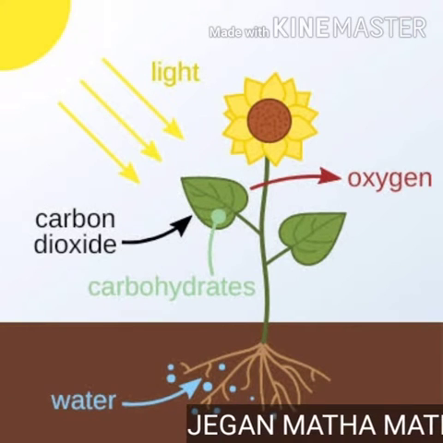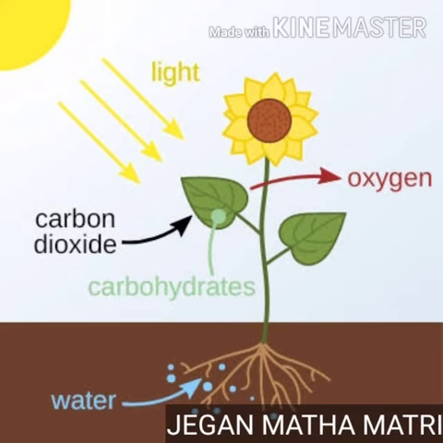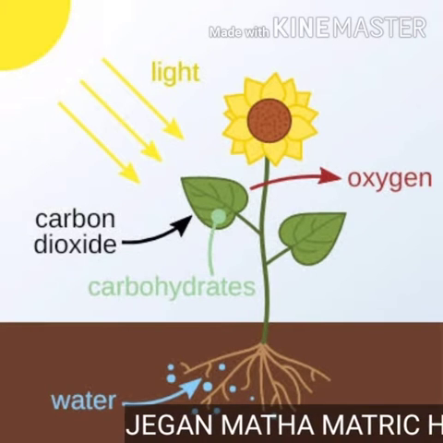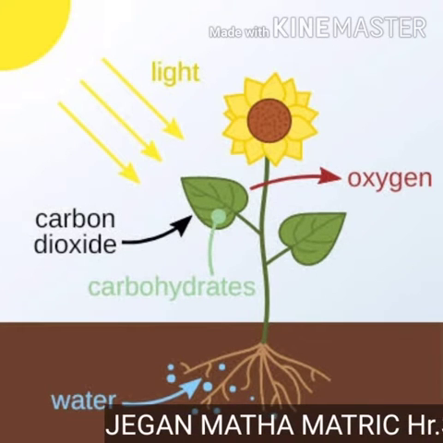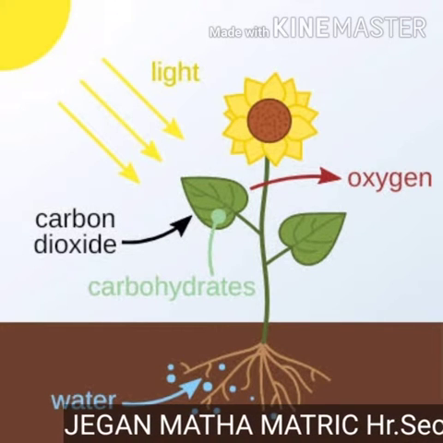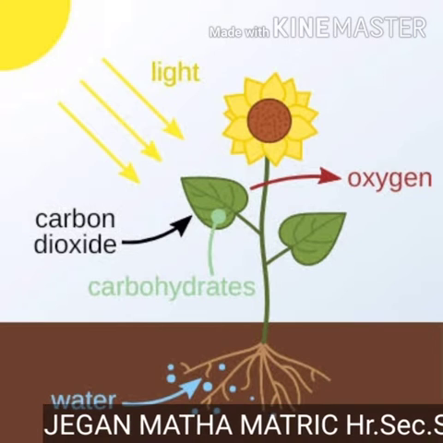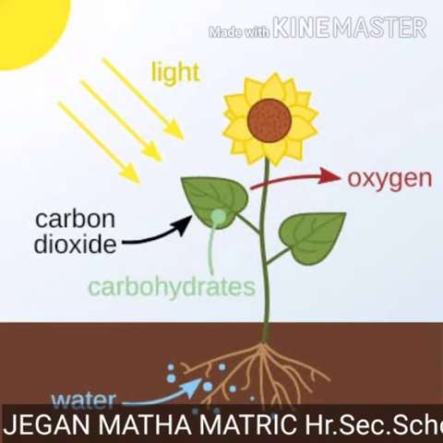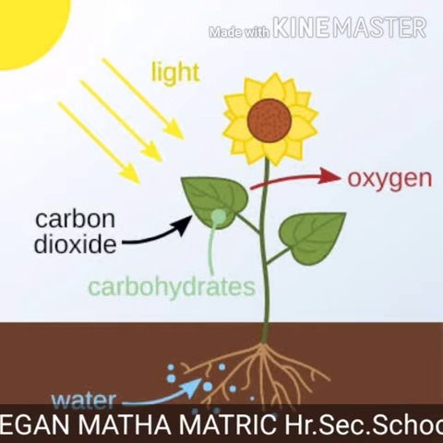Photosynthesis: photo means light and synthesis means to build. It is a process by which autotrophic organisms like green plants, algae, and chlorophyll containing bacteria utilize the energy from the sunlight to synthesize their own food.